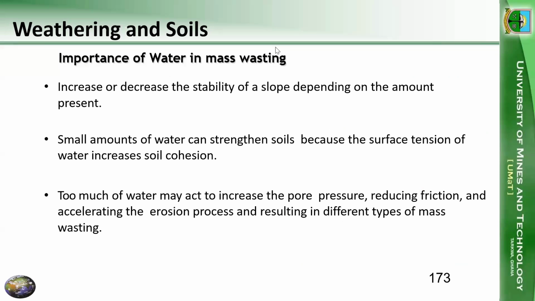All right. You recall that we said that water does not really cause or is not an agent of mass wasting, right? Water, when we talk about mass wasting itself, is not supposed to move the material, although it plays a role. So water can affect mass wasting in two ways.